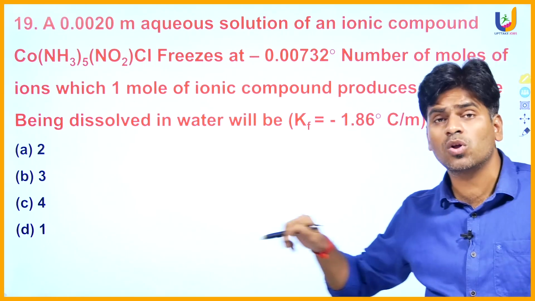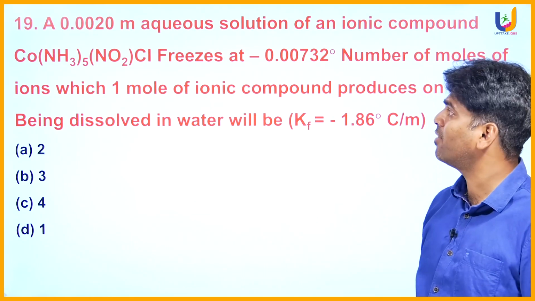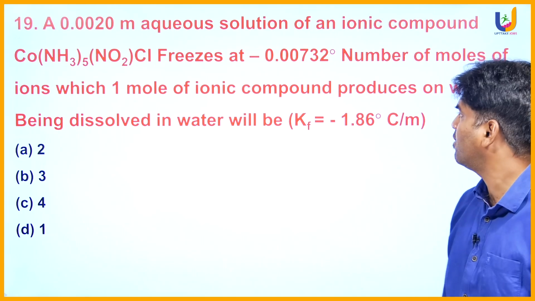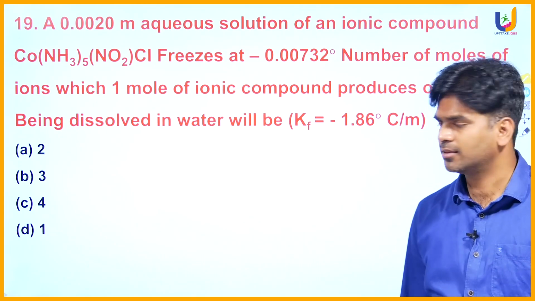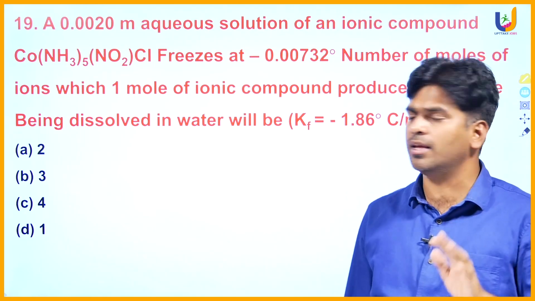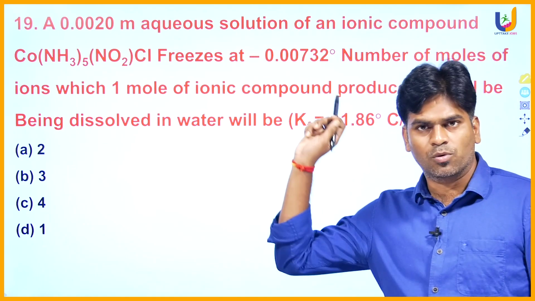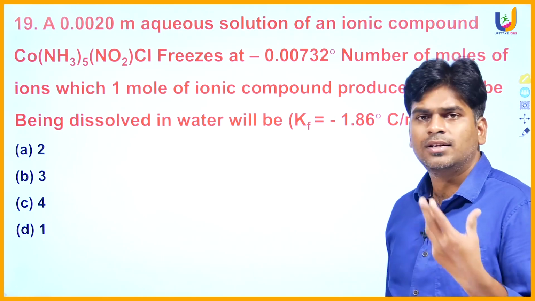The number of moles of ions which 1 mole of ionic compound produces. It depends only on the molality formula, and they have mentioned Kf and molality, so if you substitute, easily you can get it.